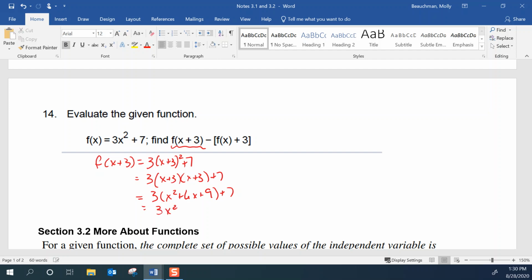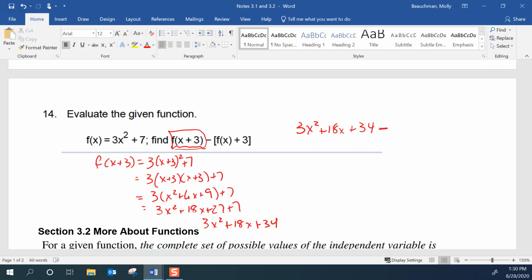Distribute the 3. And then add like terms. We end up with 3x squared plus 18x plus 27 plus 7 is 34. So this is only this part. So I'm going to write it as 3x squared plus 18x plus 34.